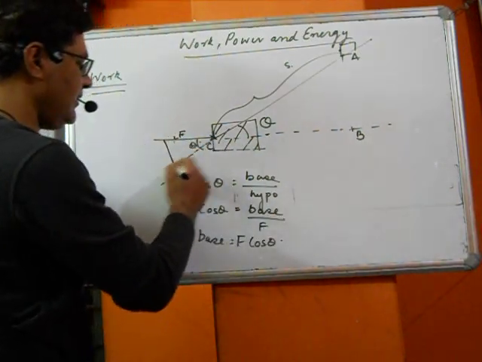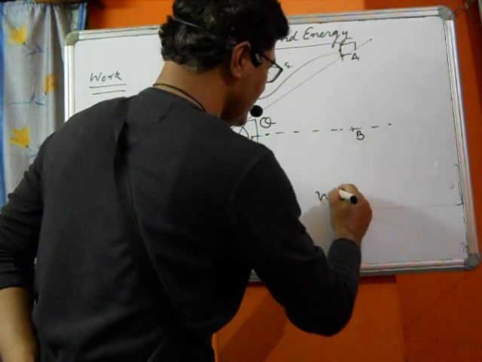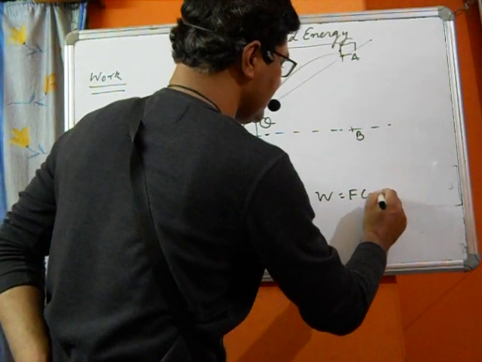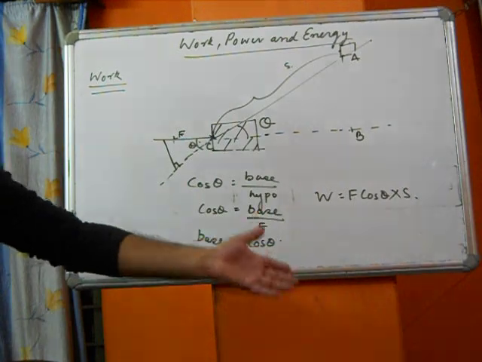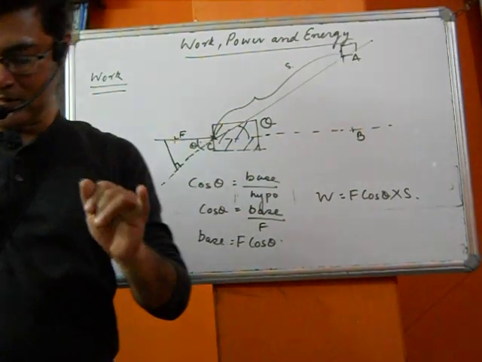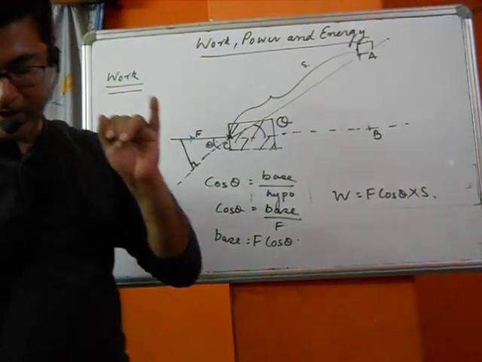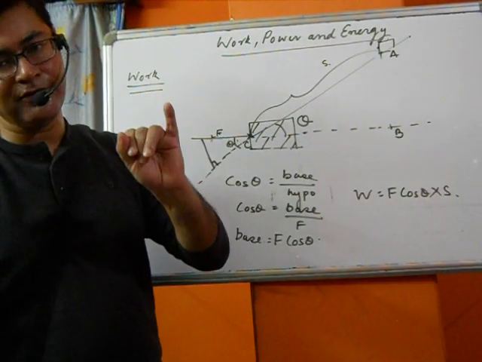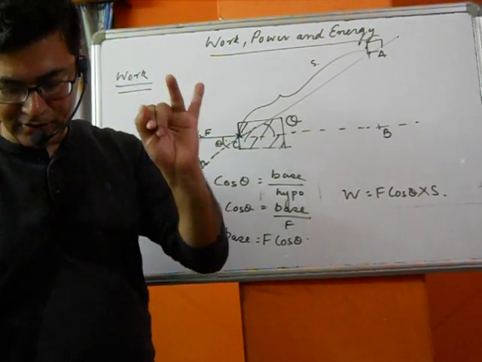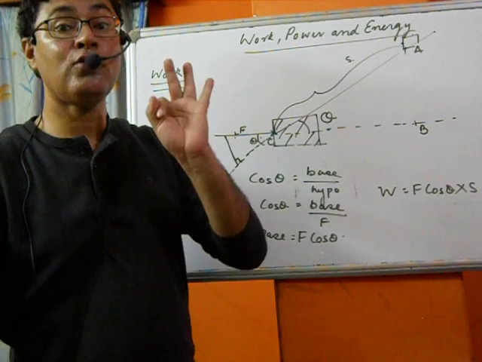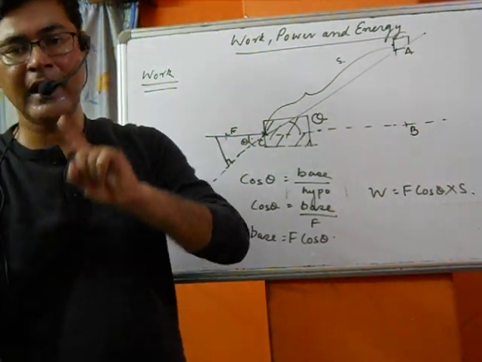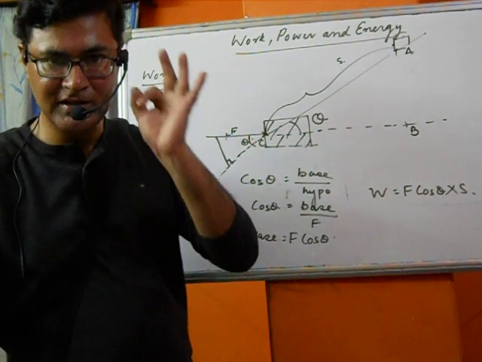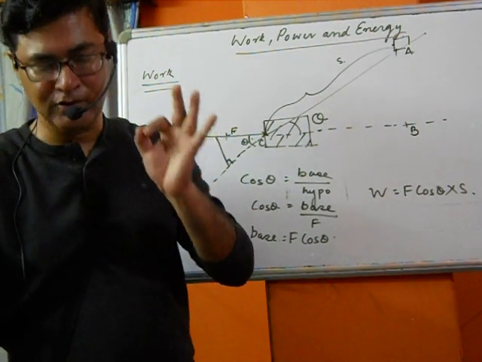So once again, work done equals F cos theta into S. It's the same thing. Work done depends on three factors. Please remember the three factors. One, the magnitude of force. Second, the magnitude of displacement. Third, the cosine of the angle between the direction of force and the displacement. These are the three factors on which the work done depends.